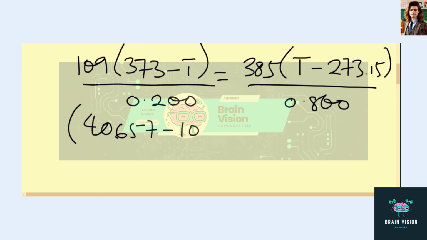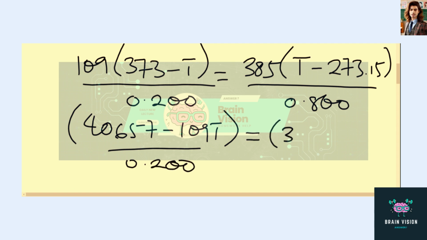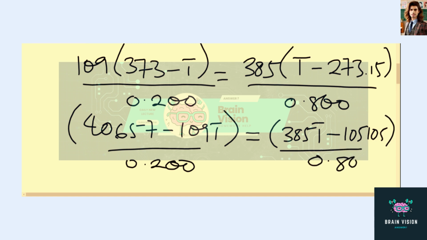40657 minus 109 t divided by 0.200, which is equal to, into bracket, 385 t minus 105. I beg your pardon, divided by 0.800.